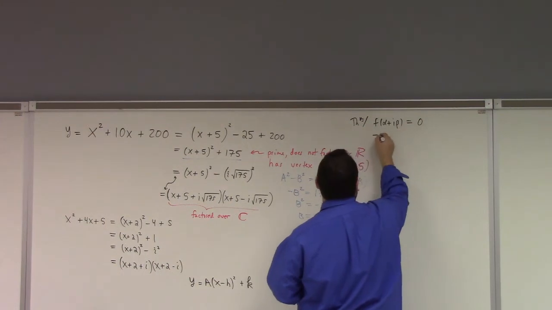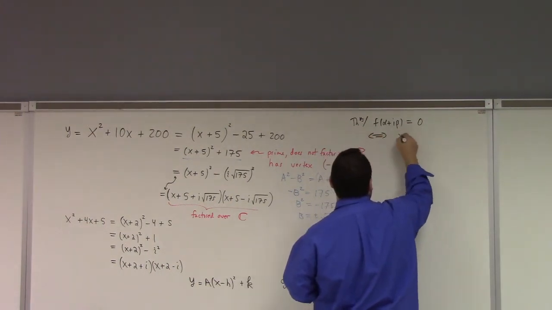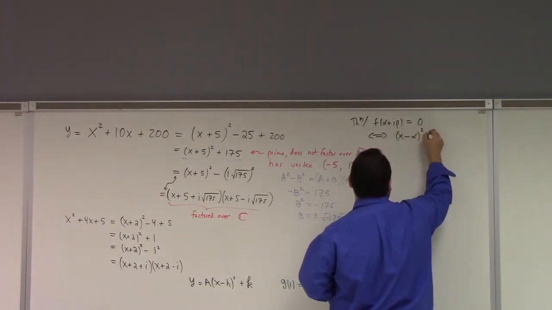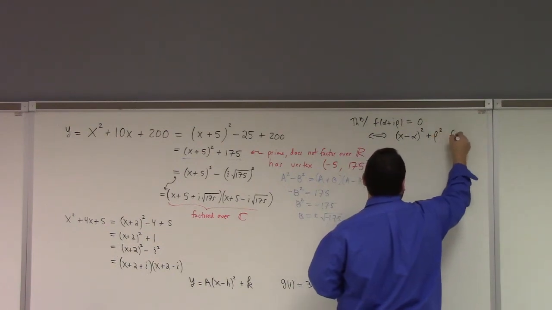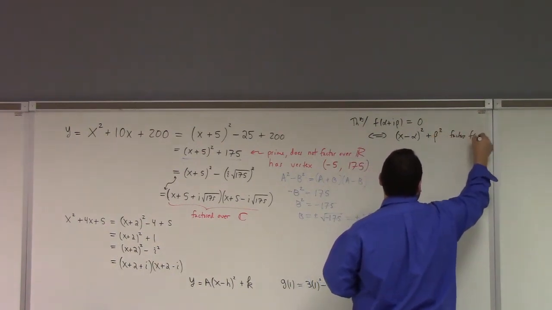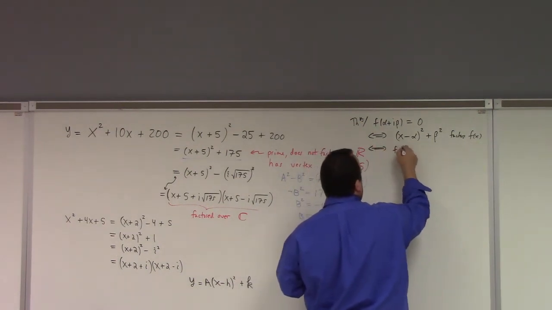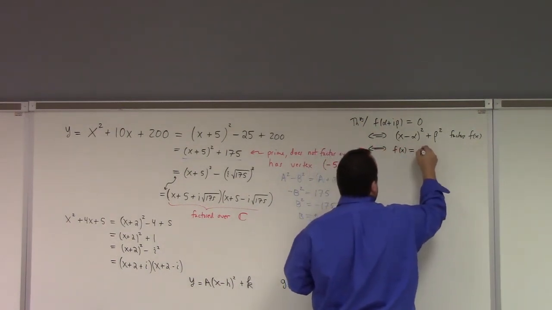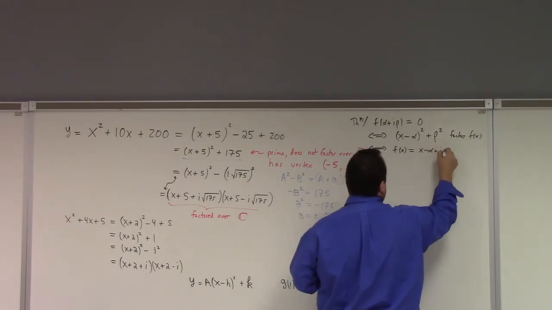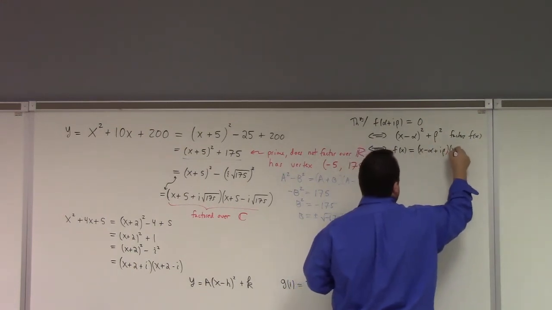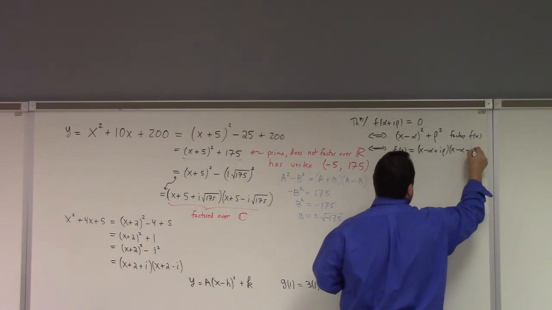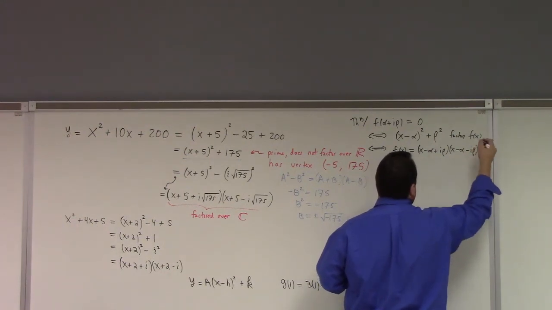That's going to be the case if and only if what? If x minus alpha squared plus beta squared factors f of x, which is also going to be true if and only if f of x is equal to x minus alpha plus I beta, x minus alpha minus I beta, and times something else.